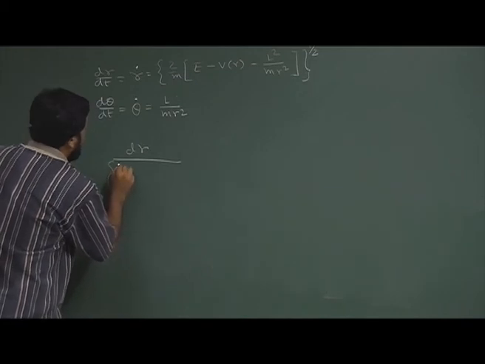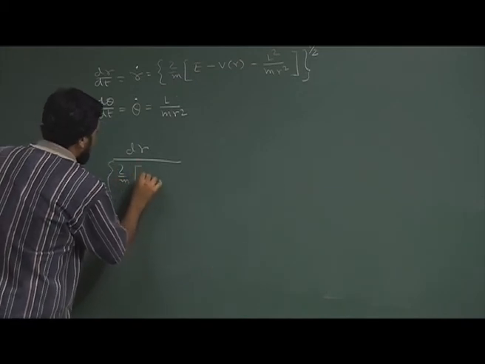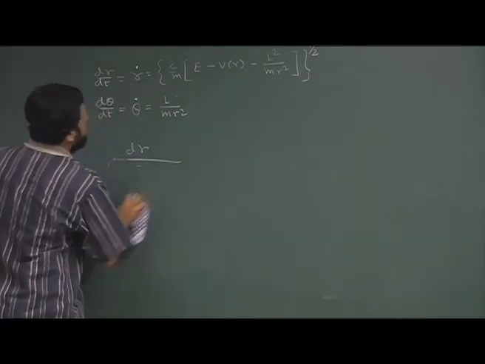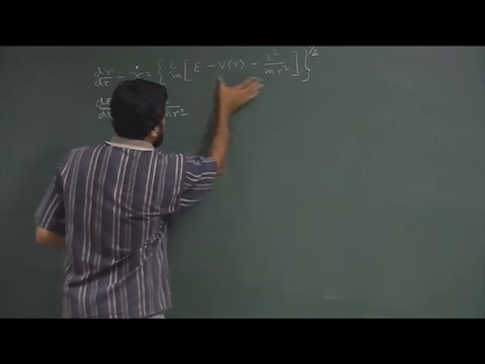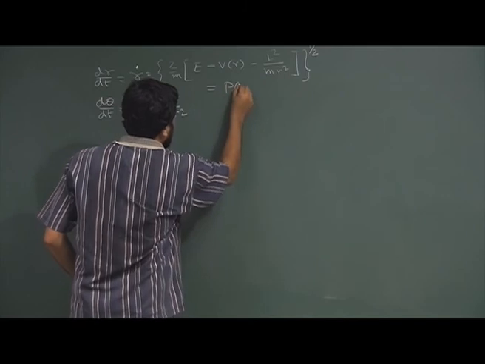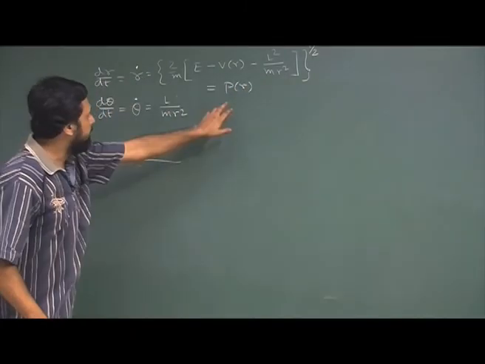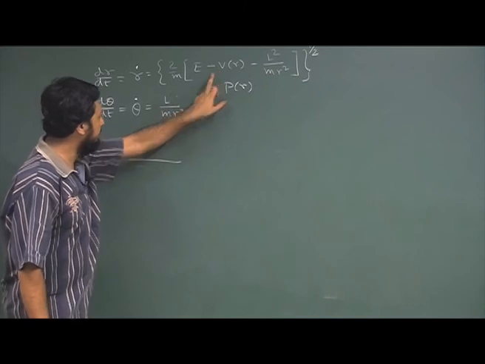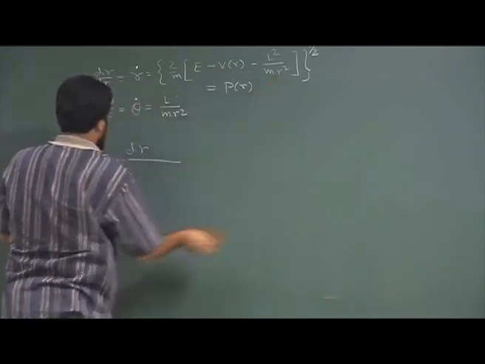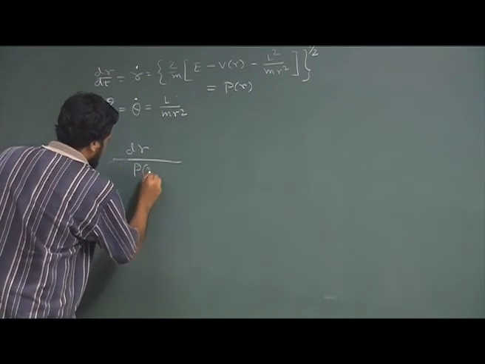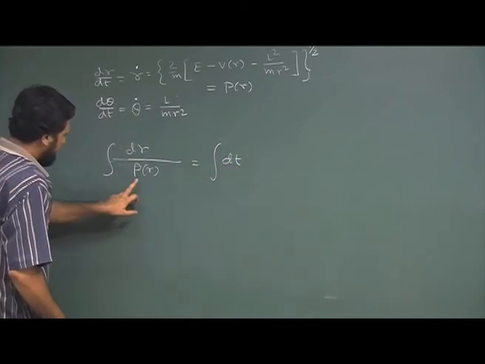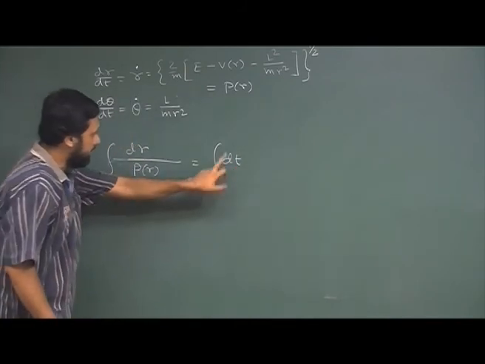Instead of writing this full expression, we can just call it some p of r, p being some function, this particular function, and because it has r here and here, we can write this as integration dr by p of r, and integration dt.